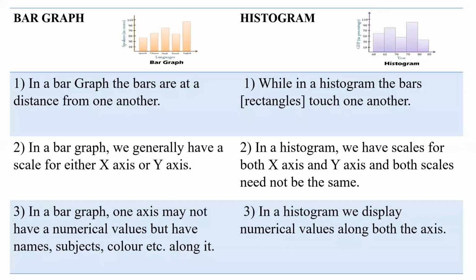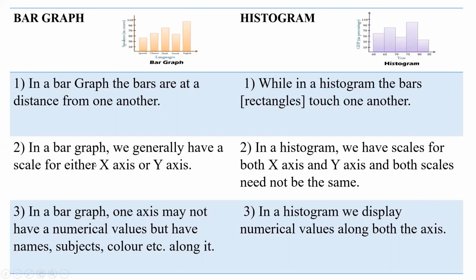Next is bar graph and histogram. We are discussing the difference between a bar graph and a histogram. In a bar graph, the bars are at a distance from one another, which I have already told you, while in a histogram, the bars or rectangles touch one another.